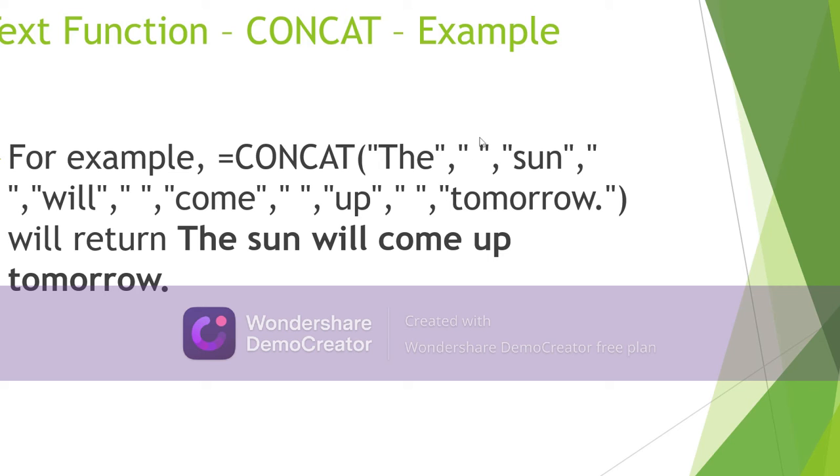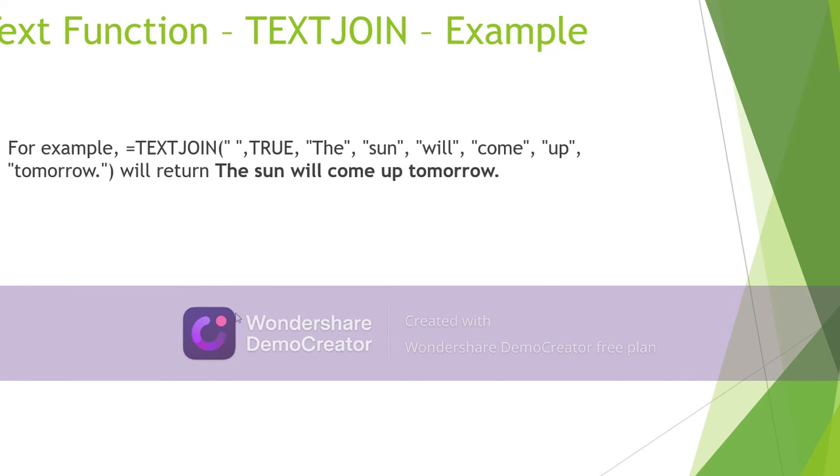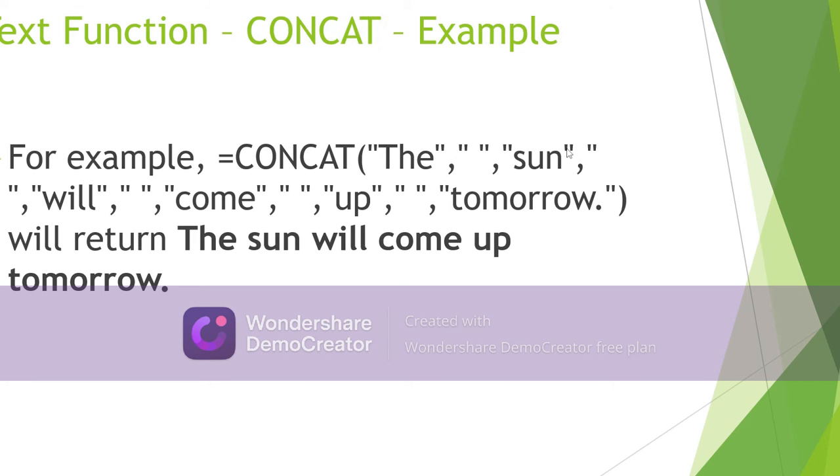With concat, you have the empty quotation marks in between the words of the sentence. Whereas with TEXTJOIN, you have the open quotation mark only at the beginning, and everything else within these arguments is in the quotations, which is a little dissimilar. I don't want you to get confused. So I feel like it's important to point out that when you're using concat, put the empty quotation marks in between each word as you see here.